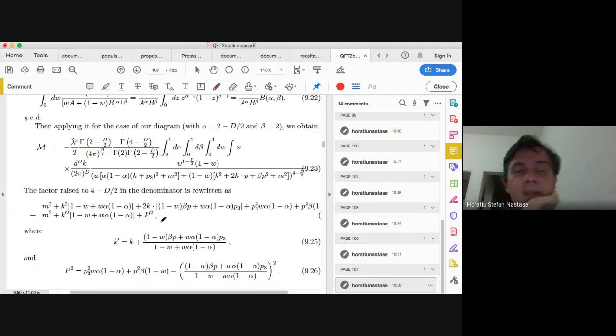So defining this complicated shift, I find again the same kind of thing that we obtain in the Feynman parameterization, namely k prime squared multiplied by something that depends on these integrated parameters, and then some constants. I mean, k independent constants.